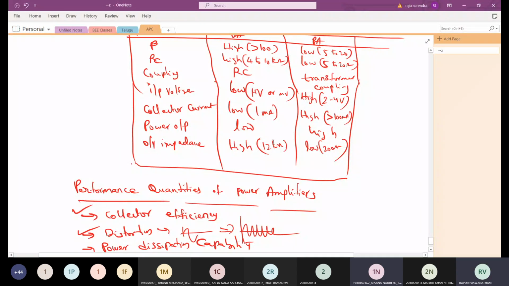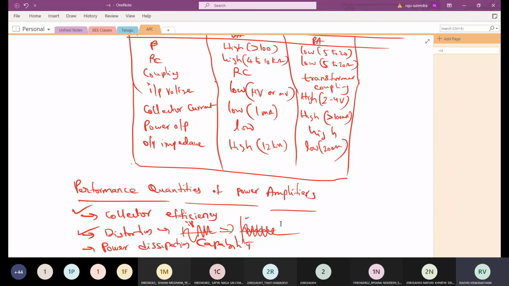That depends upon the amplifier circuit. For example, if you consider a sinusoidal signal as an input, whenever we get an output, the shape of the sinusoidal signal changes. That is called distortion.